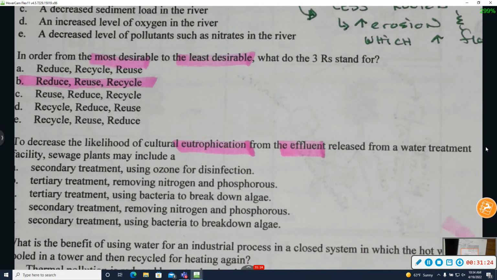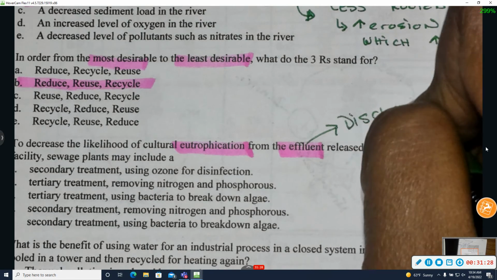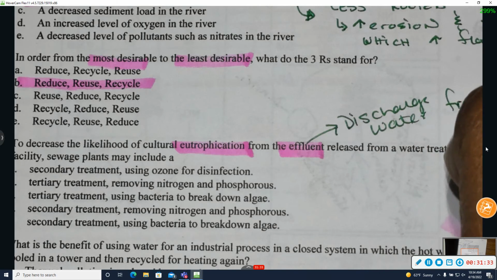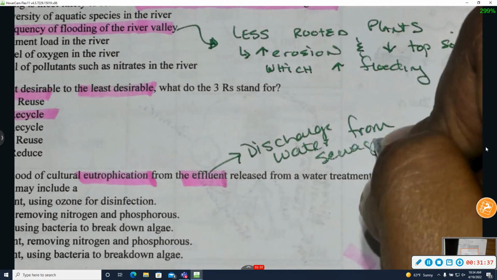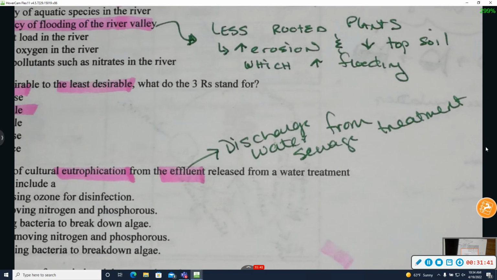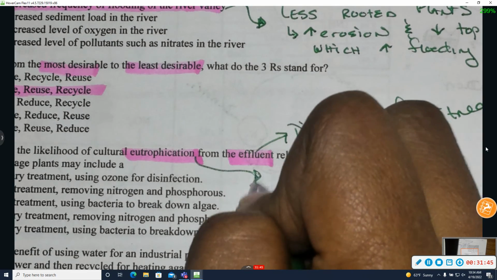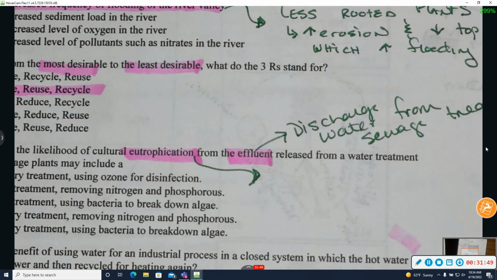Effluent is the discharge water from sewage treatment. That's what that is, if you were worrying about what that word meant. And then eutrophication is like this cascade of events.